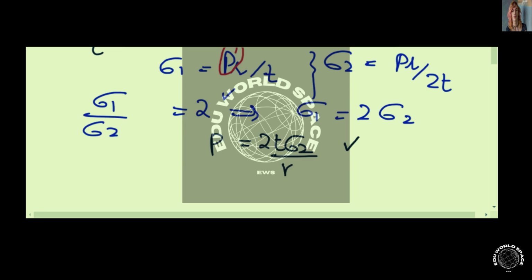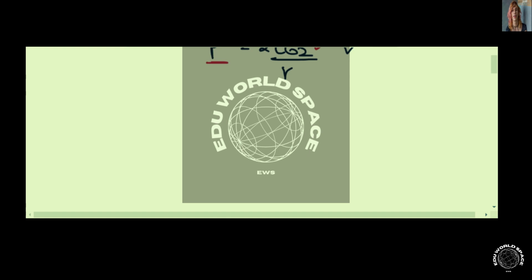Now this equation has two unknowns. The first is the pressure, the one we are seeking, and the other is the plane stress sigma sub 2. Notice that theory states that sigma sub 2 is perpendicular to the cylindrical cross-sectional area, and sigma sub 1 is parallel to the cross-sectional area.